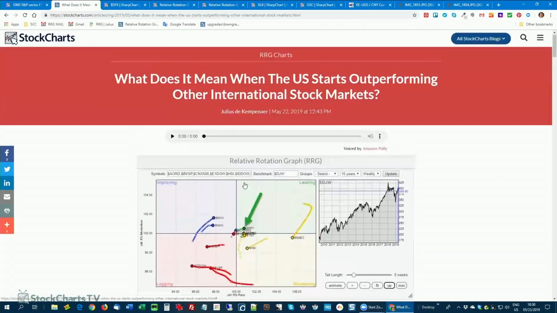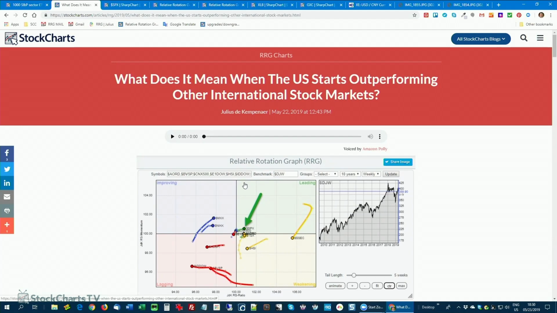So, when stock markets around the world are having a hard time, let's move to the US, let's move to US large caps, because they'll be doing pretty good. Just like you will see that during bull markets, small caps tend to outperform, they tend to do really well, and large caps tend to underperform.